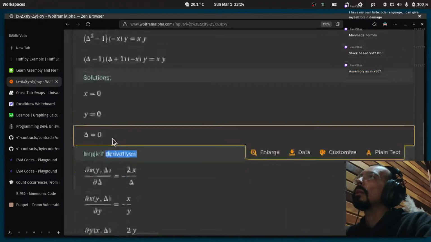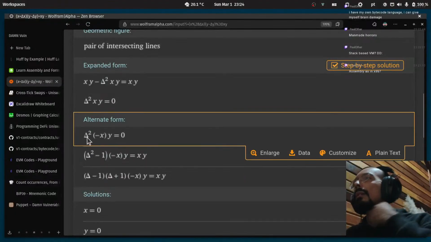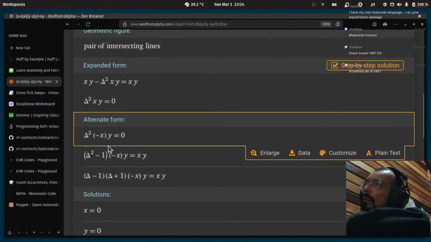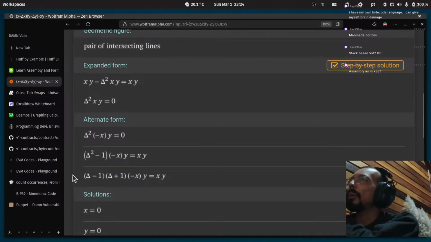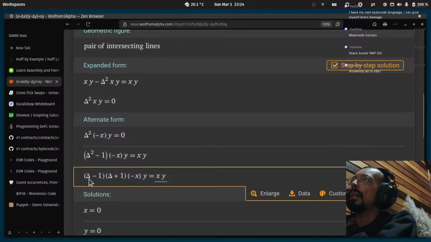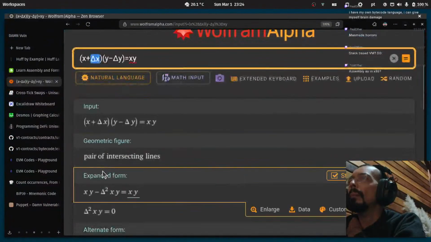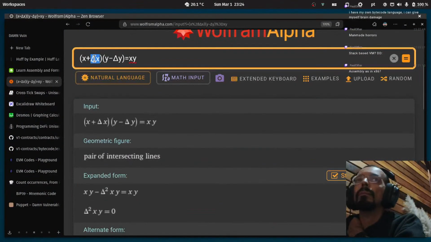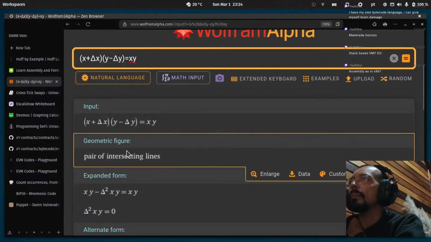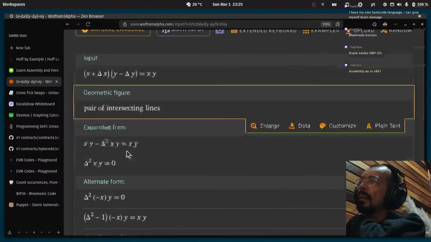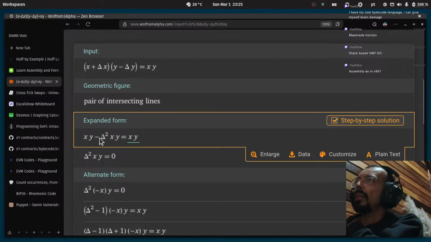But here, I just want to understand this. Okay, this is clearer, right? But why is it giving delta? It doesn't make any sense, right?